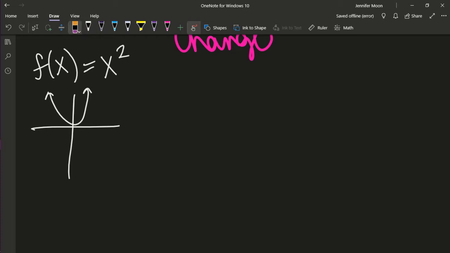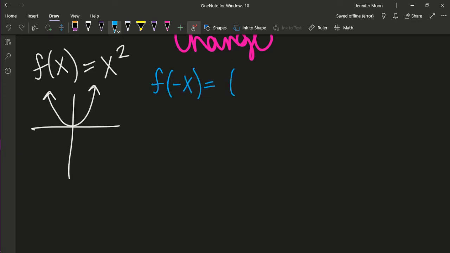That is a very poorly drawn parabola. A little bit better. Say we have a parabola. So it wants to know, is this an even, an odd, or a neither? So what we need to do is our test. And our test tells us to do f of negative x.